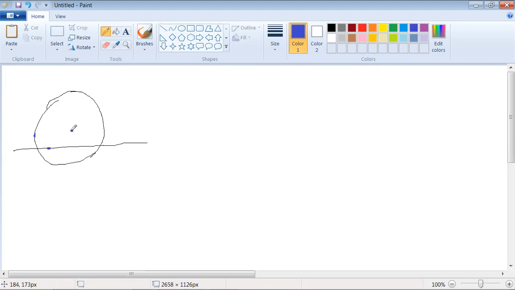This is the point where we drew this big circle. And imagine the radius for this is 45, right? And the radius I want to create here is 15.